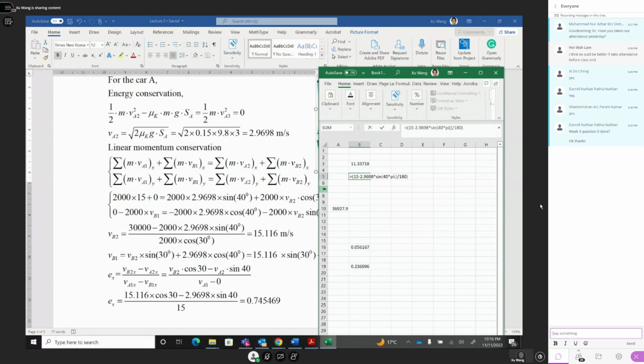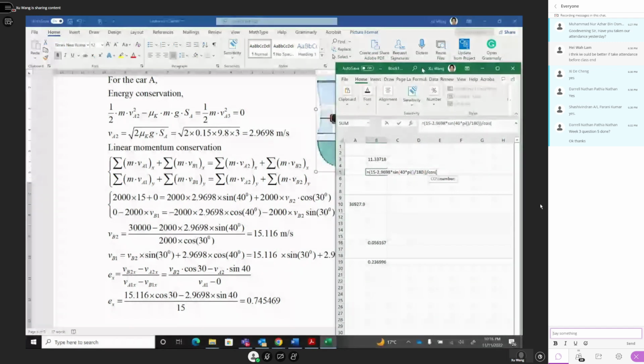This minus, okay, and the brackets divided by 2000 already gone. Divide by cosine 30 degree, right? Yes, 30 degree, and pi divided by 180. That's how you calculate. All right. And this one, how much do you get? Okay, this one, 15.1. So I think this is correct.